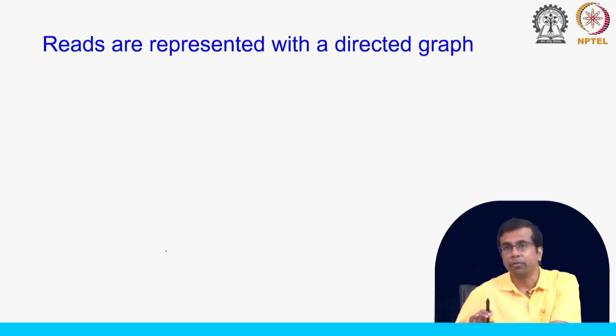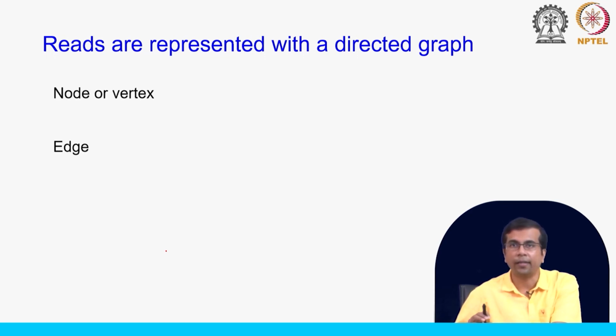What we do is represent reads in a directed graph that tells us about the overlap, which we also call an overlap graph, because this directed graph tells us about overlaps between the reads that we have got from the sequencer.